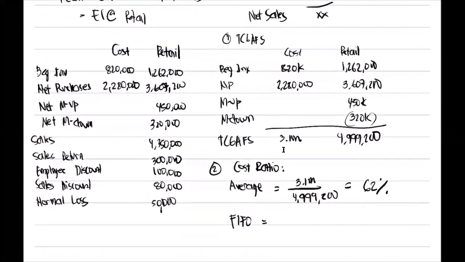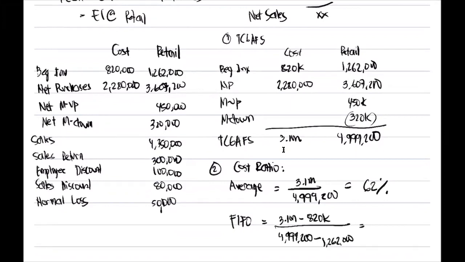For your FIFO naman, ang gagawin naman natin is from your 3.1 million at cost, ibawas natin yung beginning na 820,000. Tapos yung nasa divisor niya, divisor ba? I don't know what you call it. So we have 4,999,200 less 1,262,000. So let's compute.